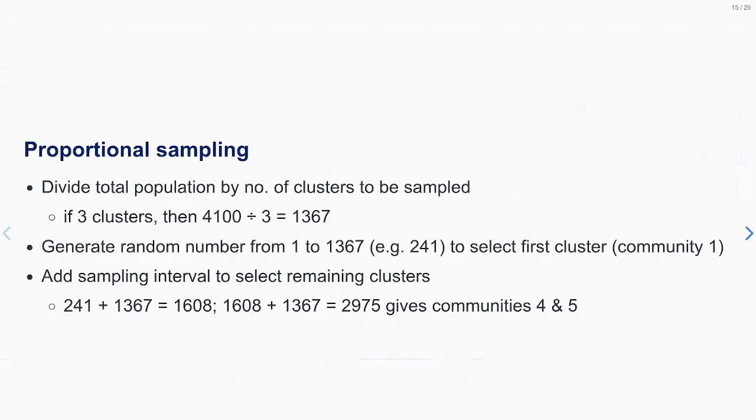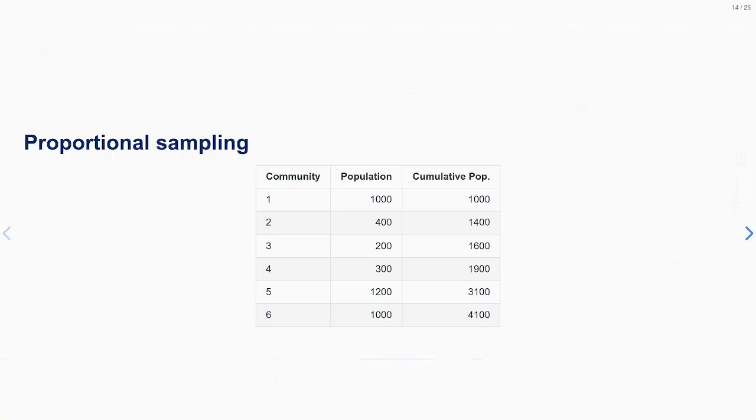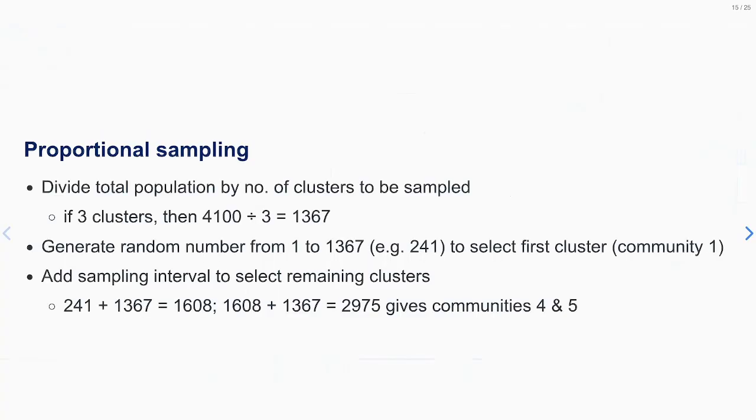So the method of proportional sampling proceeds as follows. The total population is now divided by the number of clusters to be sampled. So if, for example, we are going to sample 3 clusters and the total population is 4,100, as we see on this table, the cumulative population here is 4,100.